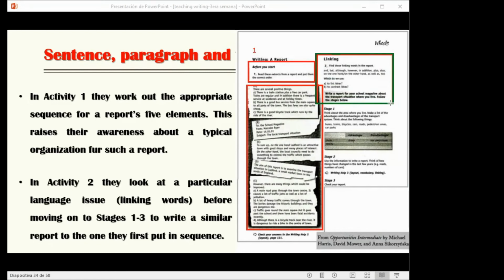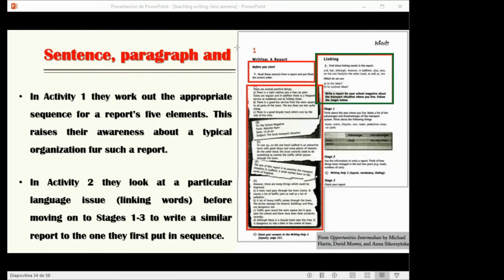So they need to identify what kind of words this report uses to make this text more connected, no? Cohesion, remember, all right? And then they have to move to stages 1 to 3 to write a similar report to the one they first put in sequence.